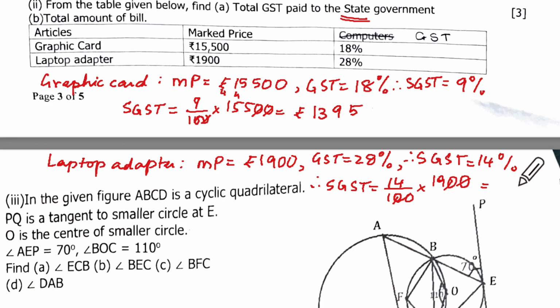Agreeable? 19 fours 76 carry 7. 19 ones 19 and 7. How much are you getting? Got it?